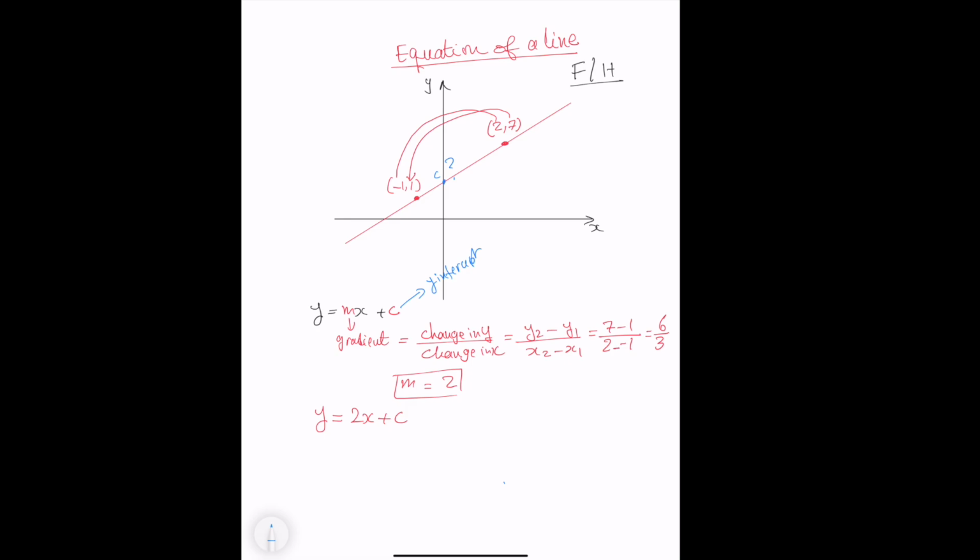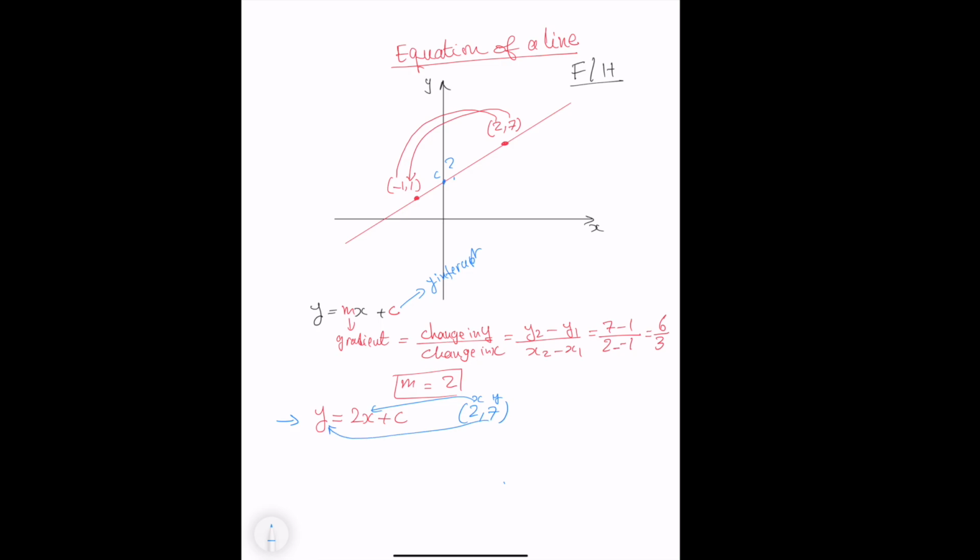It's not a problem if you don't know the number where the line is crossing the y-axis. All you have to do is substitute one of the points that the line passes through into this equation. The easy one to use, maybe the positive coordinates 2 and 7, and substitute them into the equation: x goes here, and y goes there.